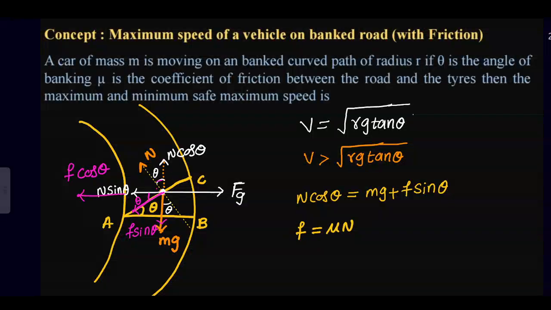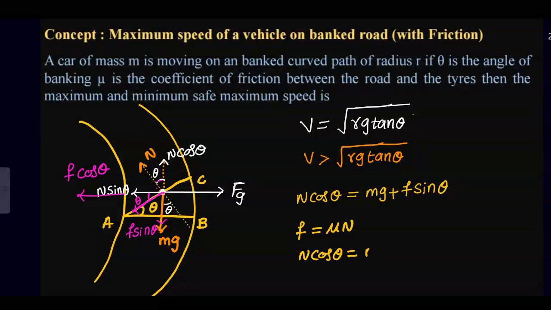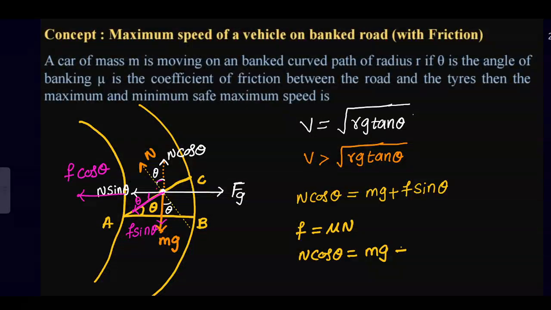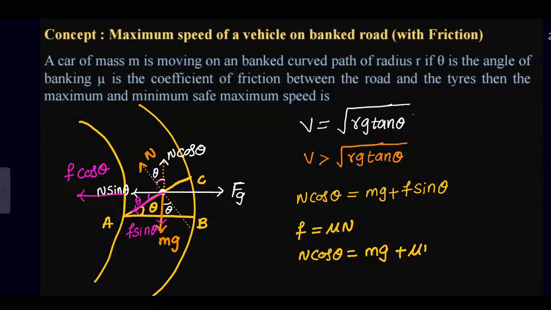Now we'll further simplify later. So this is N cos theta, which is equal to what? Tell me now. Mg plus F, which is mu into N, into sin theta. Right. Let us call this equation one.